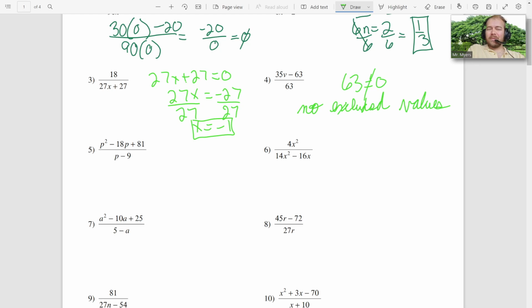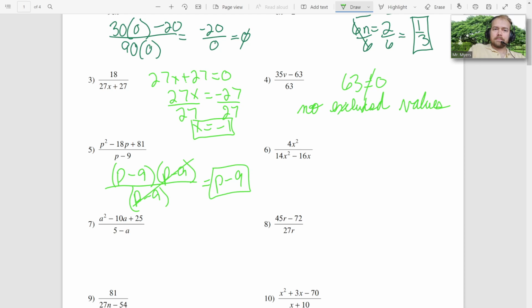But if you're the person who maybe got stuck on number 5, and you're like, why is the answer 9 when it cancels? Here's why. If I cancel this, right? So in the numerator, it would be p minus 9 times p minus 9. Or you could write it as p minus 9 squared. It doesn't matter that much. Just depends on how picky your teacher is, I guess. So then the p minus 9's cancel, and you have p minus 9 left over.